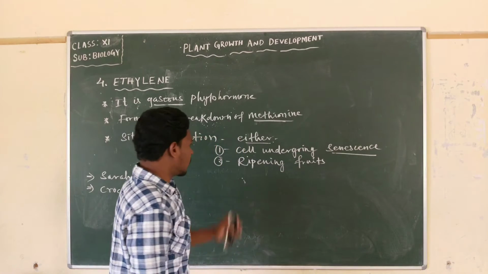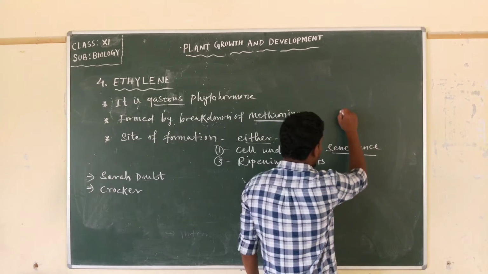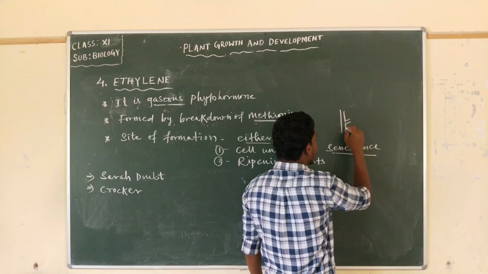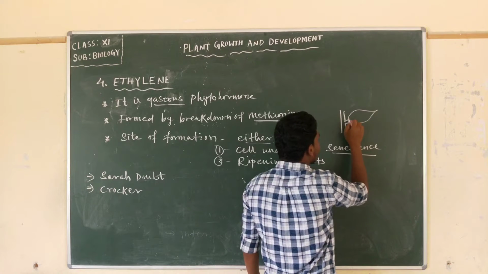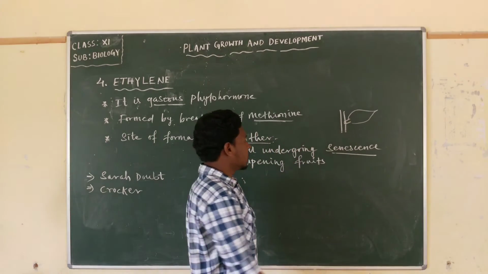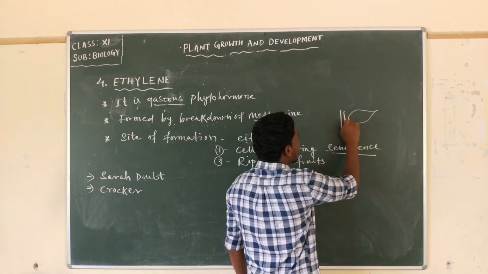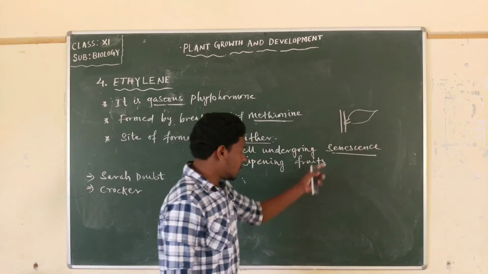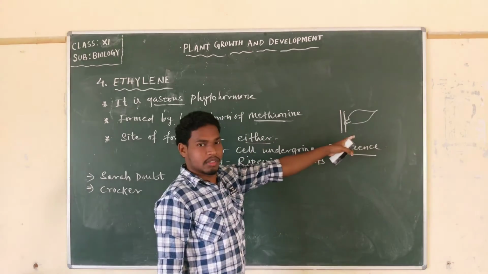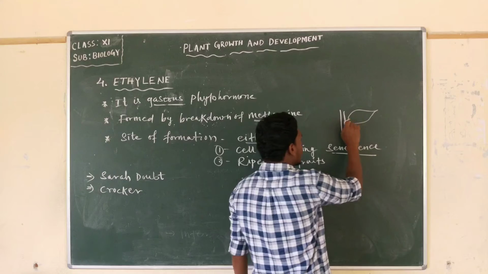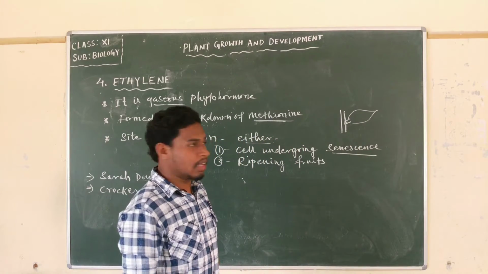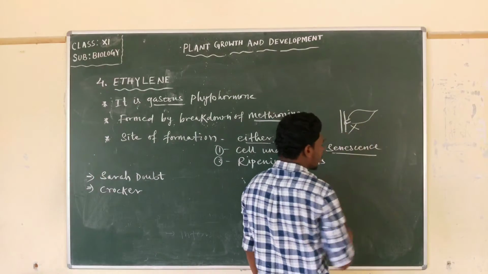For example, this is the leaf, and at this point, if the ethylene is produced, it is going to block the transmission of water as well as gases, and finally this leaf will fall off.